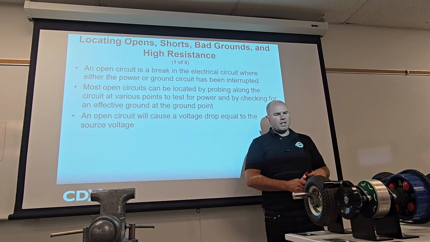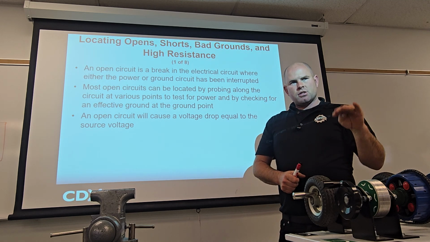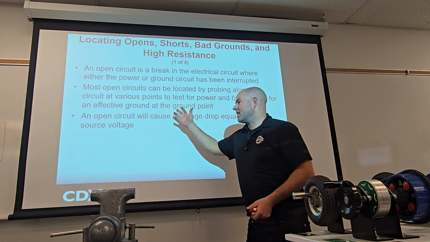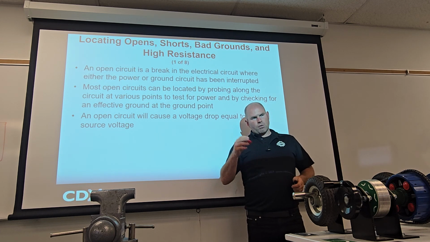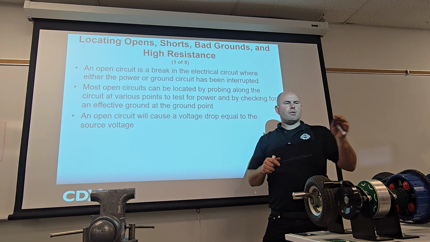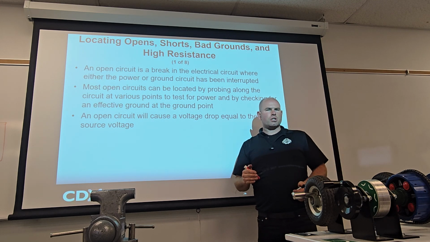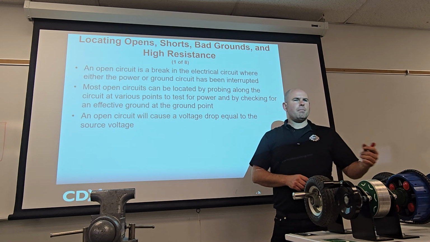Now let me test your memory. I told you a long time ago why I was going to be nitpicky about an open versus a short. And now we're even adding a high resistance. Remember I told you I would fix these cars and write my story up, and then the service advisor would type my story up and change my word from an open to a short? Do you remember I told you that a long time ago? Now do you understand why it's a big deal?